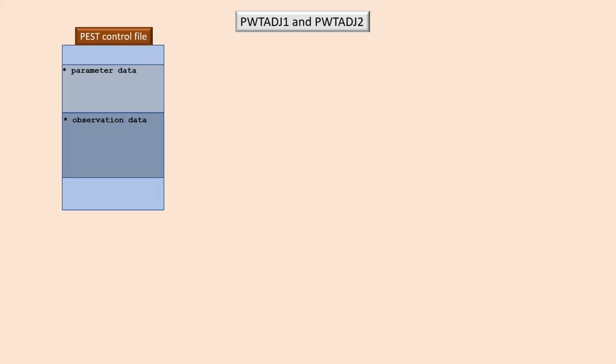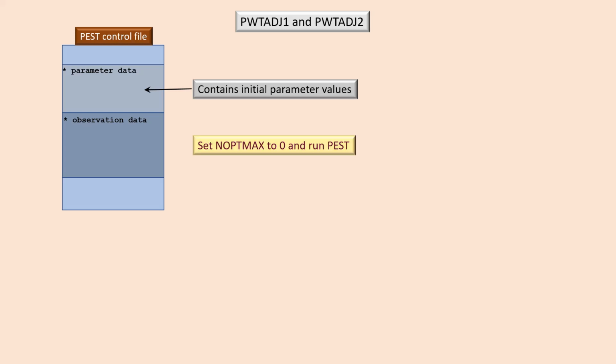So suppose we've got an initial PEST control file, and suppose for the moment that this is prior to us having run PEST, so that the parameter data section of that file has initial parameter values. And suppose, as we've already discussed, that we would like to ensure that the contribution made to the initial objective function by each observation group is roughly the same. We can set the NOPTMAX variable in the control data section of the PEST control file to 0 and then run PEST.